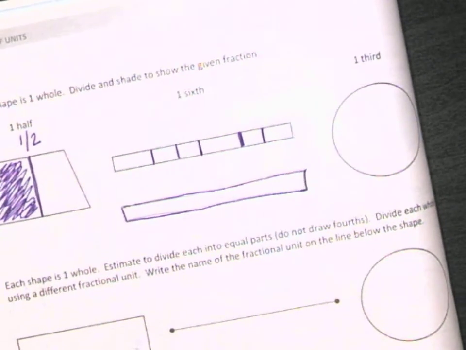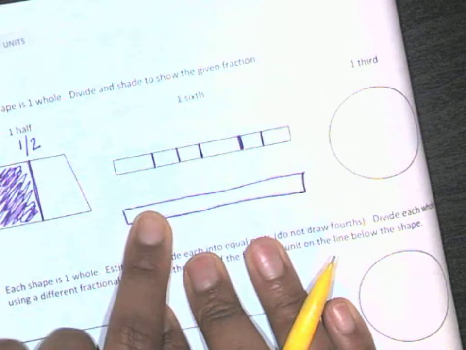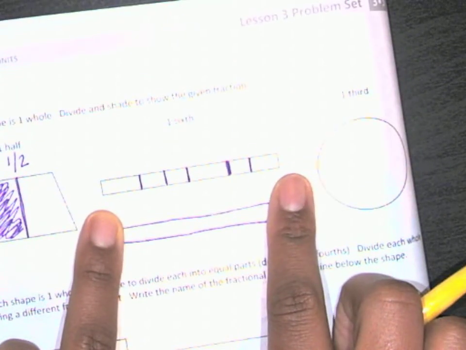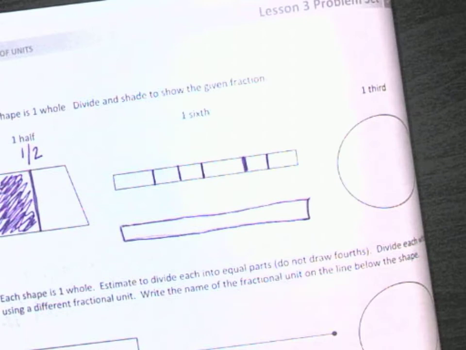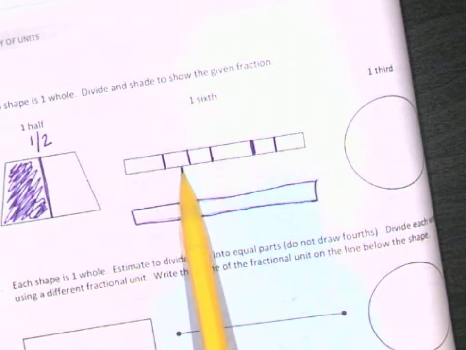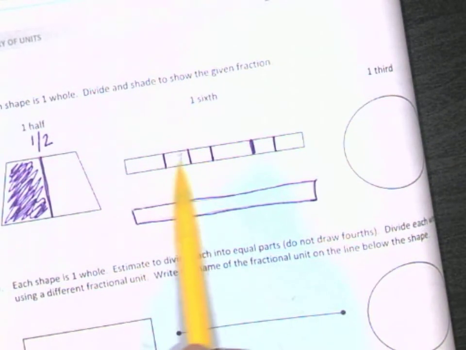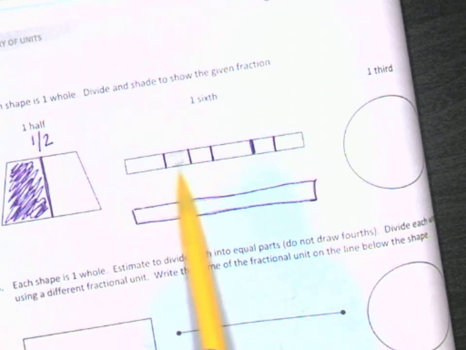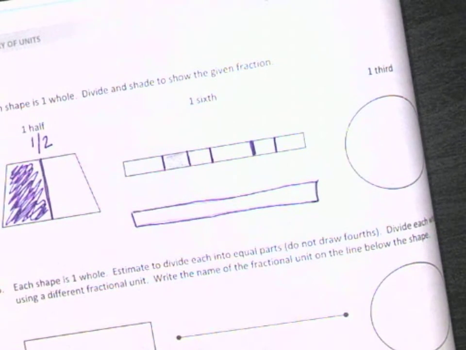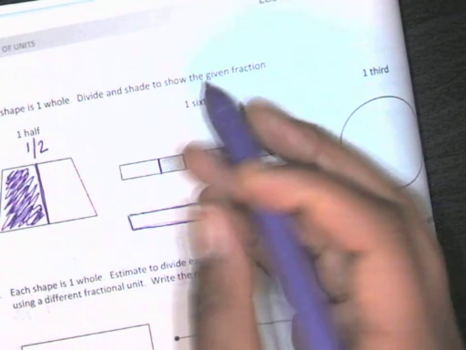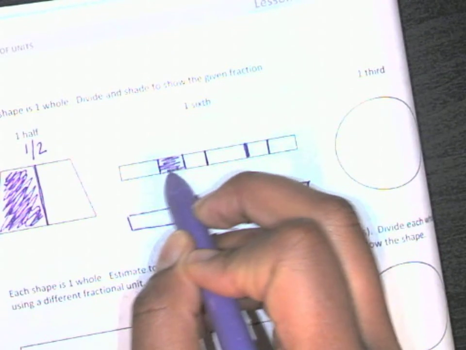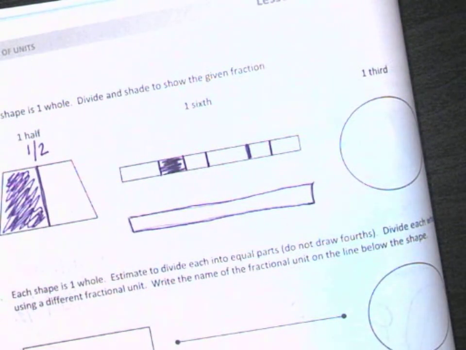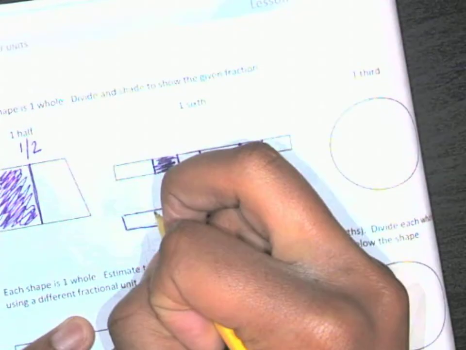Absolutely nothing. Alright, so looking at what I did up here, I know that in order for my figure to be partitioned equally, the size of each section should be about this size. Can't see that. I'm sorry that you all can't see it. Okay, so I'm going to try to draw my parts about that size.